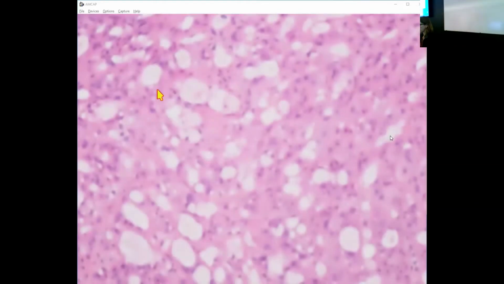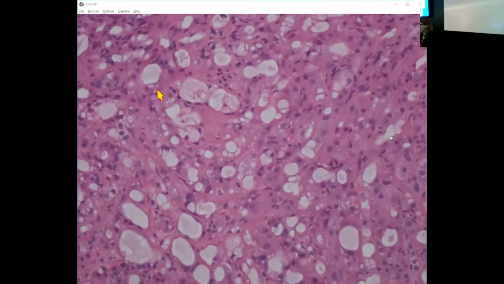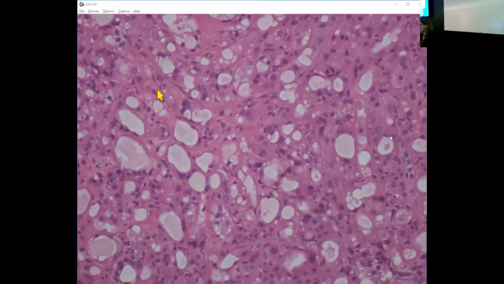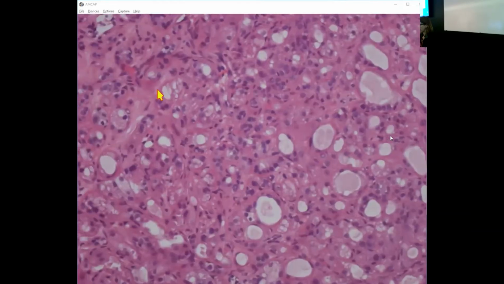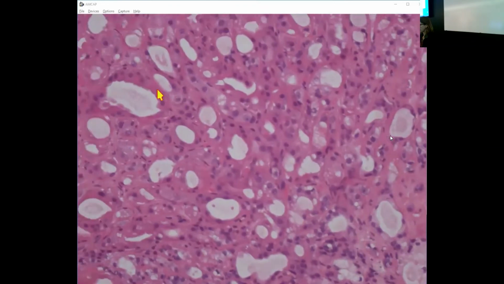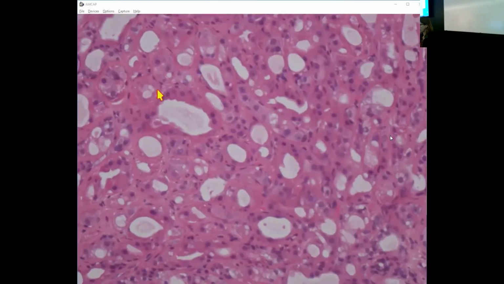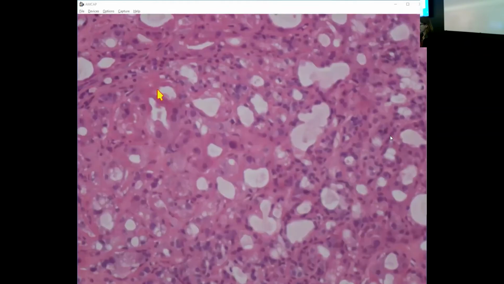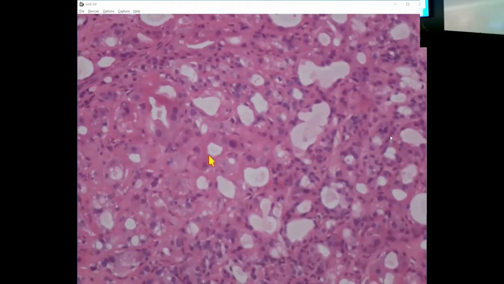And as you look on higher power, you can see that the nuclei are larger. There's some prominent nucleoli. Maybe some variability. Here is looking very apocrine, right? So we've got some apocrine change there. But some bigger nuclei popping up around here.